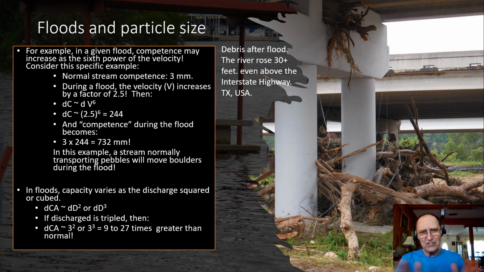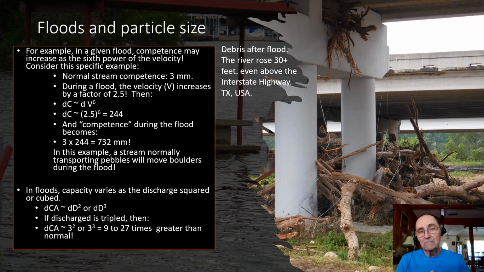Now let me give you this example. In a given flood, competence will increase as the sixth power of the velocity. So take this example. Say that during normal conditions, a stream has a competence of 3 millimeters. That means that it moves a particle that is 3 millimeters in diameter. That would be a small pebble, right?